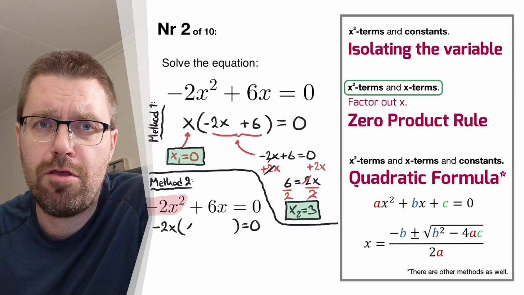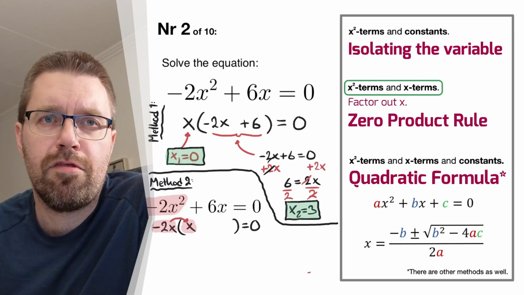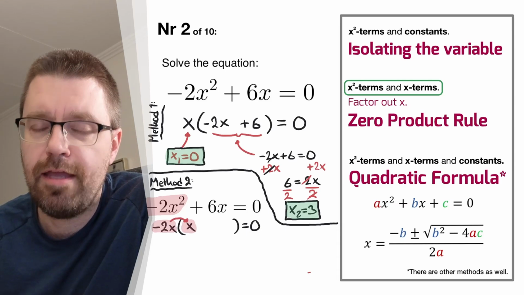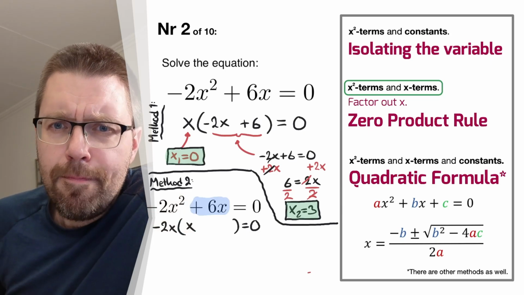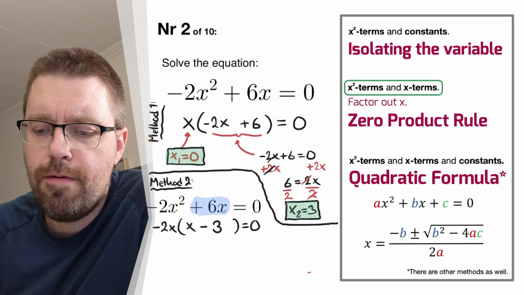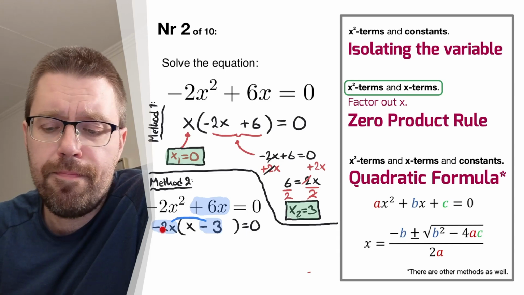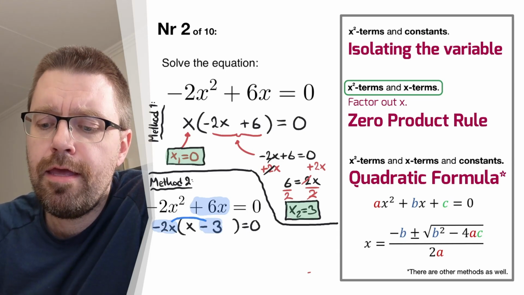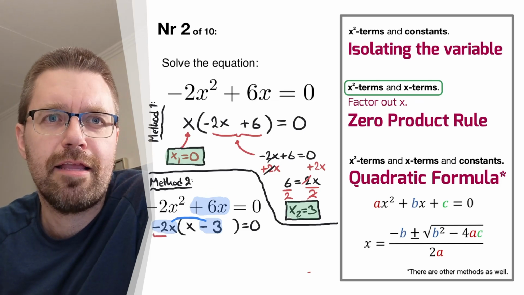So from the first term we have x left because minus 2x times x equals minus 2x squared. And from the next term we have a negative number left, because minus 2x times negative 3 gives plus 6x. So you can write it like this.